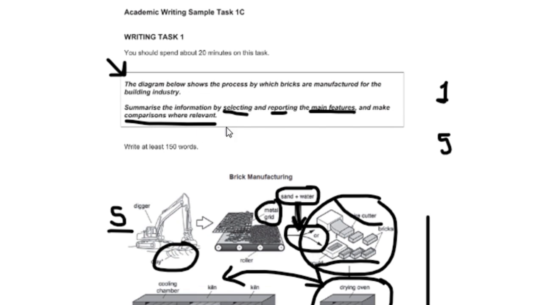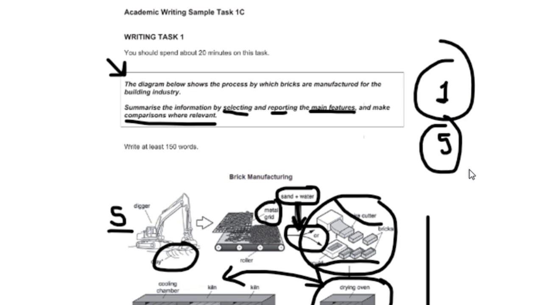Summarize the information by selecting and reporting main features and make comparisons where relevant. So you cannot compare everything. You're just going to compare the main features that you choose to write about. Remember, there needs to be more than one, probably no more than 5.